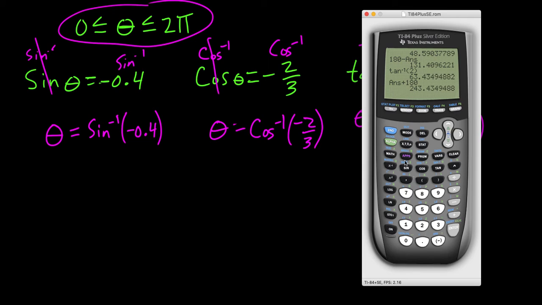Okay, so now we're going to go second sine. Make sure you have your little negative 1, then negative 0.4. Should have closed off my parenthesis, but I'm pretty sure that's the same. So we got negative 0.412.